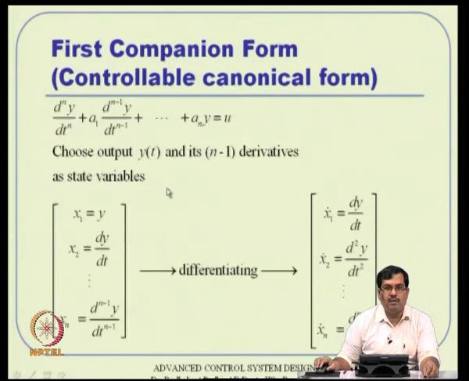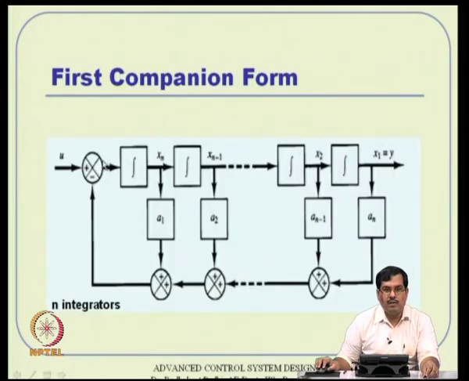So in this diagram, a1 times x1, a2 times x2, and so on are all taken together and summed with a negative sign, plus u, and u is coming directly here. So xn dot is constructed through all these integrators, with multiplication by a1, a2, a3 and so on, all summed together and then finally summed with u. That is the way to realize these n integrators.